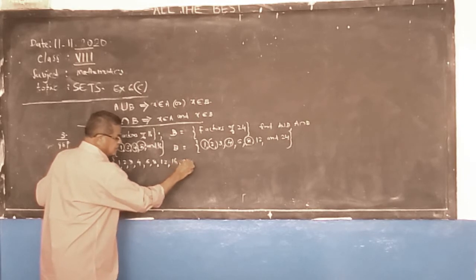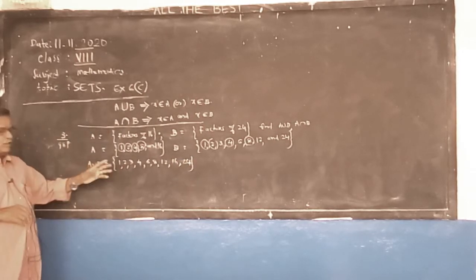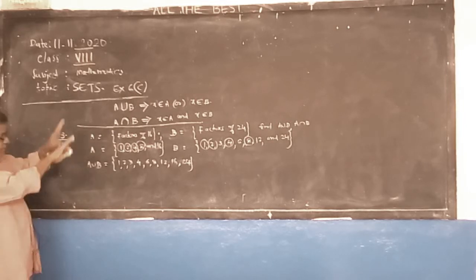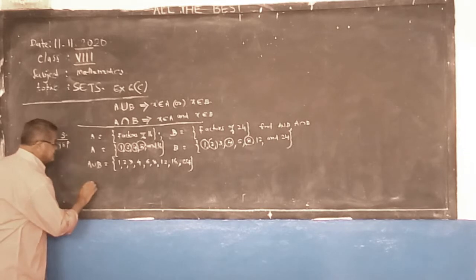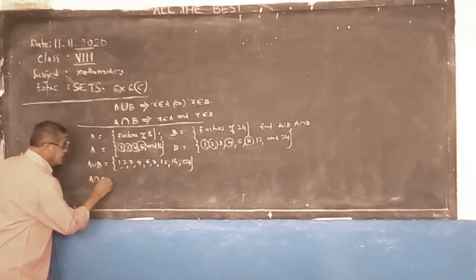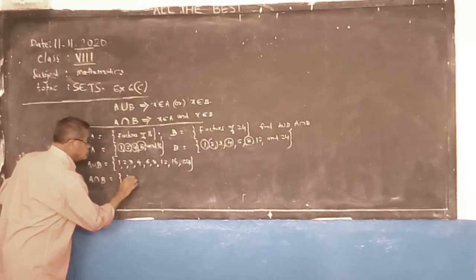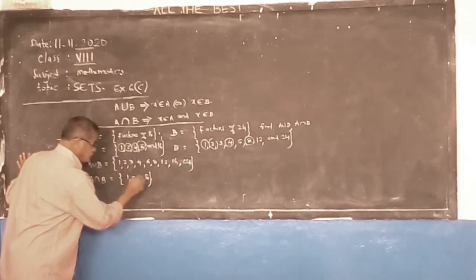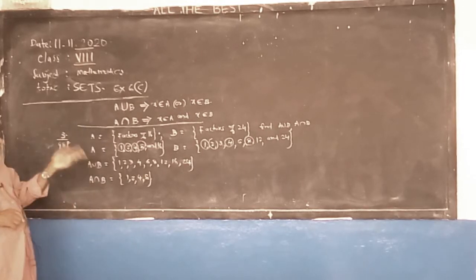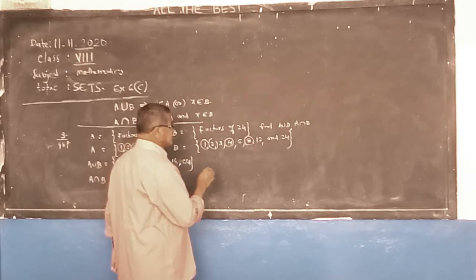A union B is nothing but combining all the elements, whereas in A intersection B, write only the common elements: 1, 2, 4, 8. So this is the way of finding A union B and A intersection B.